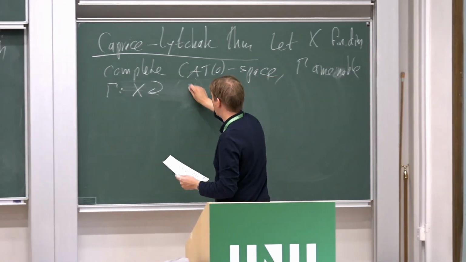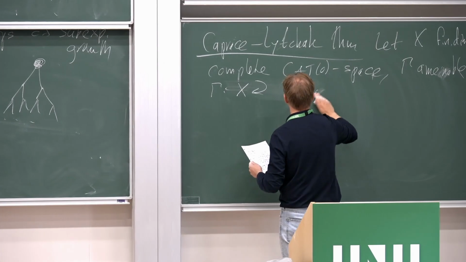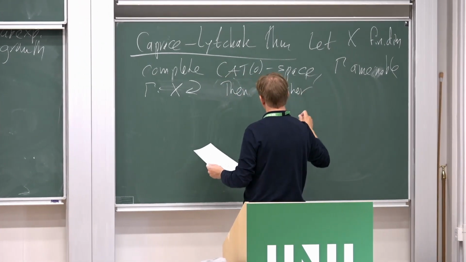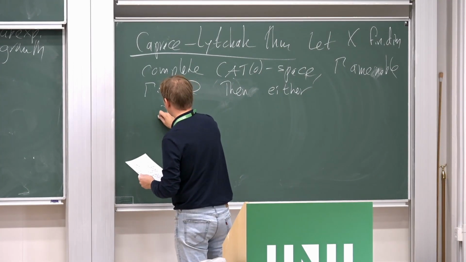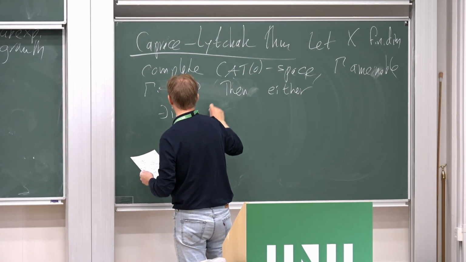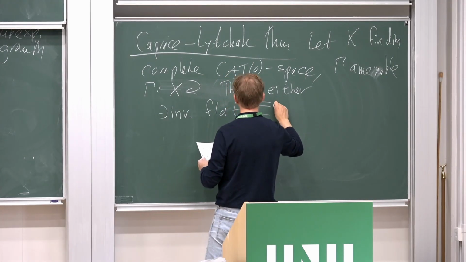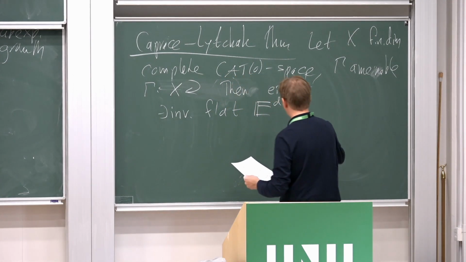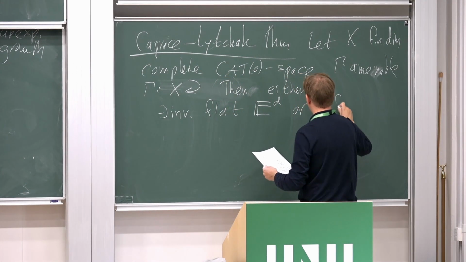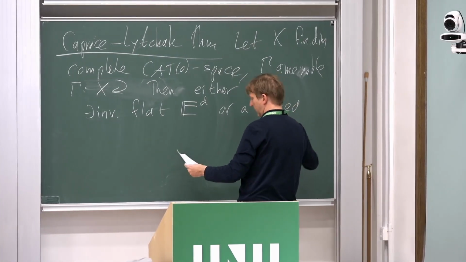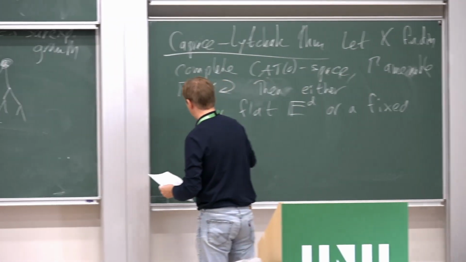Then, it's not a mutually exclusive thing, in contrast to the theorem there, but it says that either there exists an invariant flat, which is a totally geodesic embedded Euclidean subspace, or, and that could involve a fixed point, there's a fixed point at infinity.